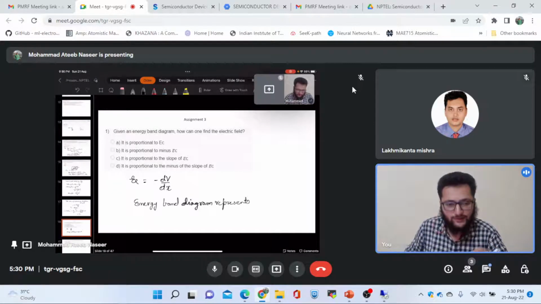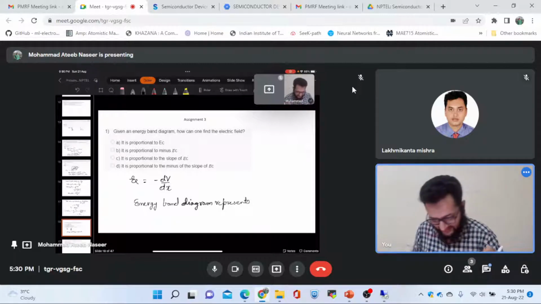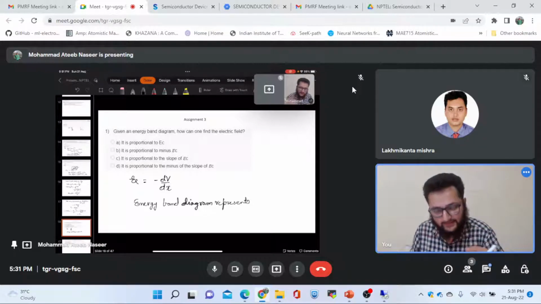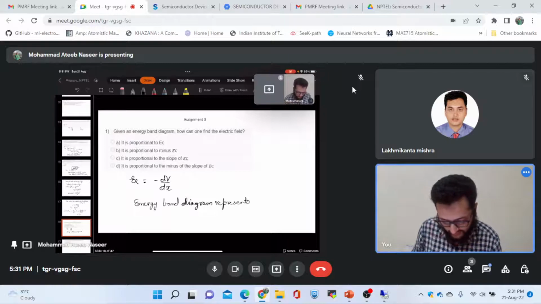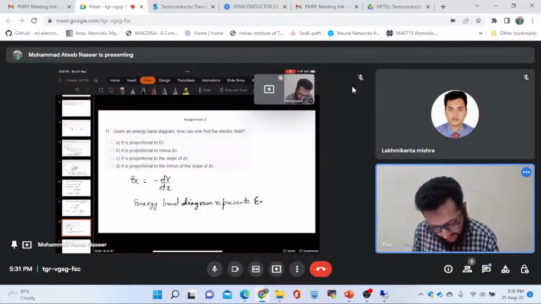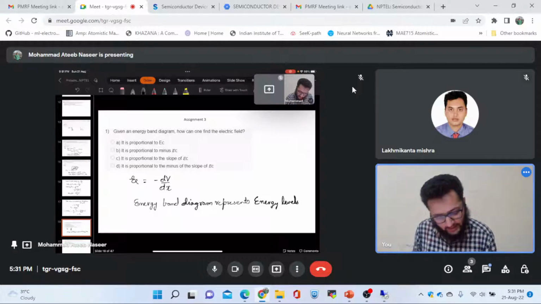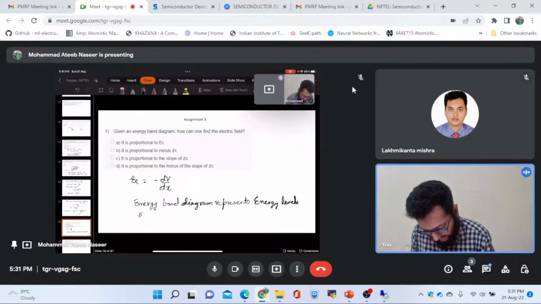But still, we have to solve this because others might see this video later. So let us solve this. This energy band diagram represents the energy levels of the electrons.